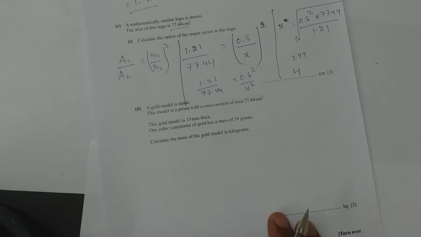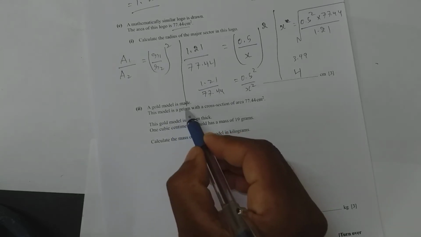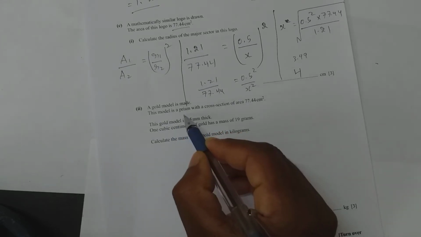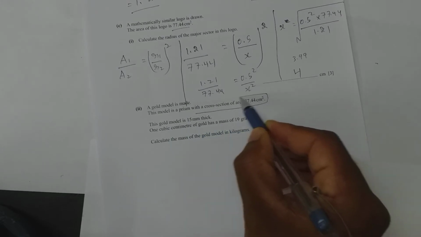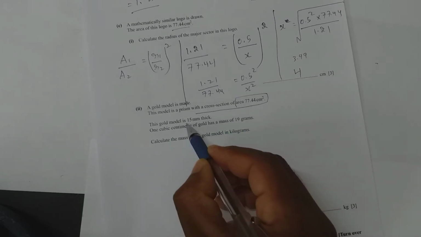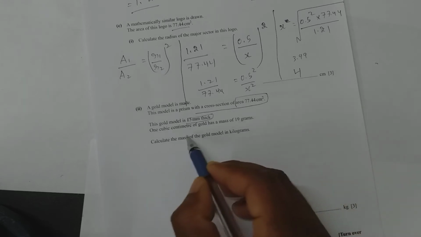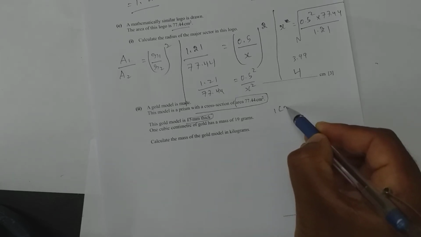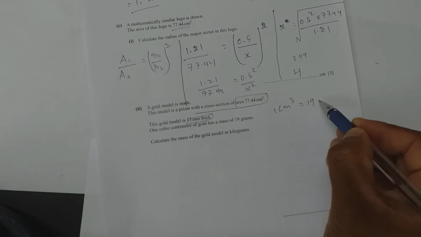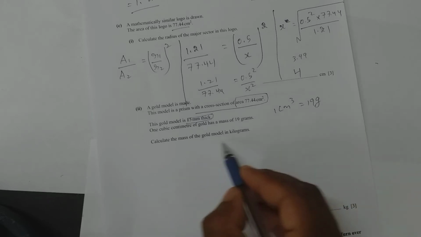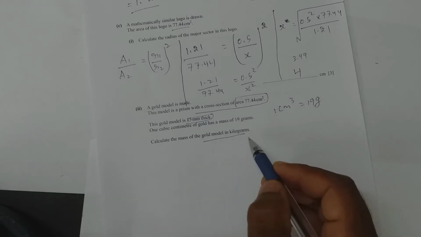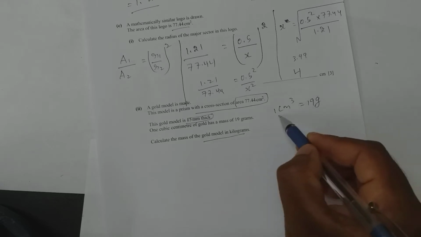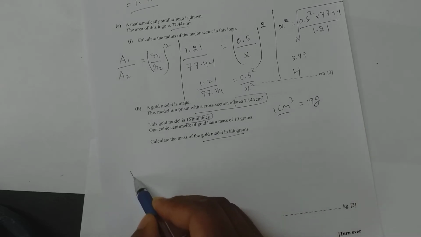Next one now. A gold model is made. The model is with a cross section area this much. Thickness is 15 millimeters. 1 centimeter cube equal to 19 grams. Calculate the mass of gold model in kilograms. Centimeter cube means I need to find the volume of it.